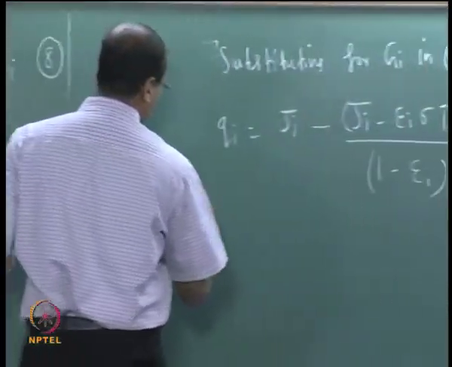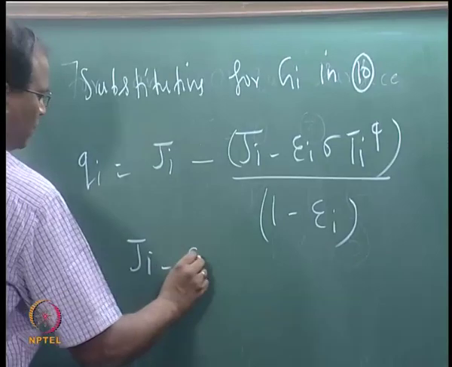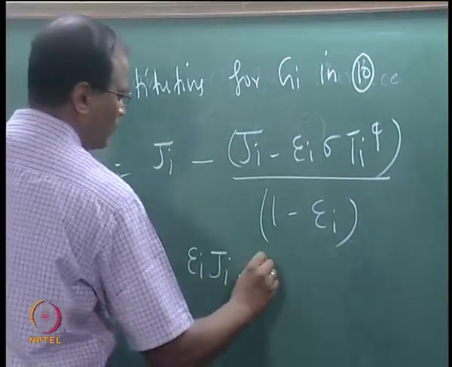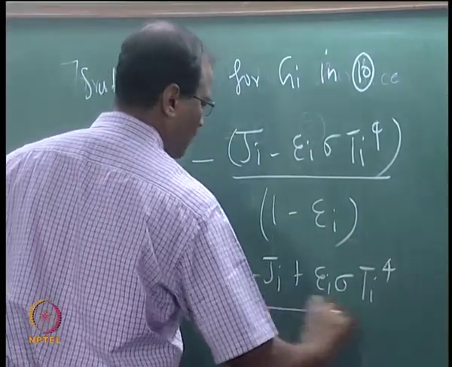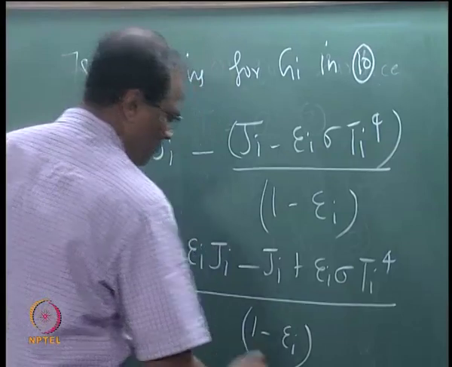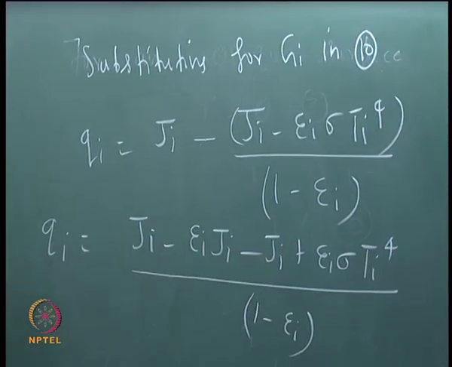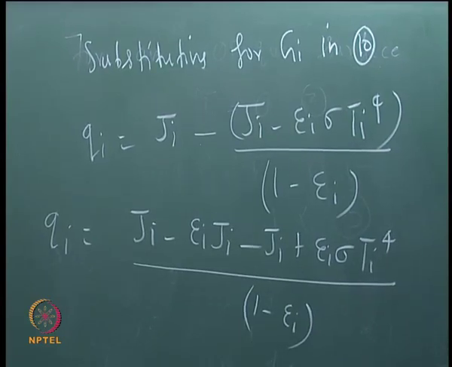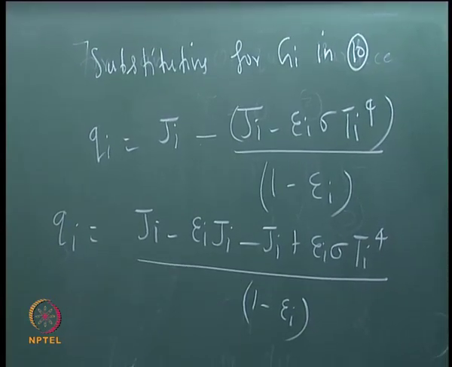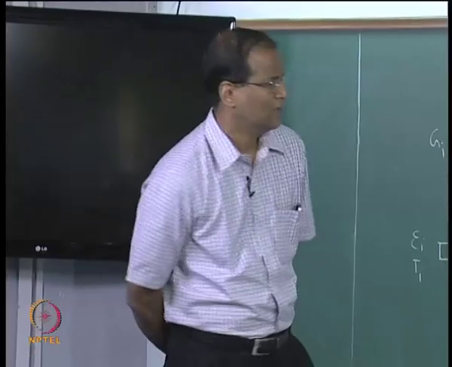Simplify, cross multiply and simplify further. Is it clear? I am not doing any great stuff, I am just doing some algebraic manipulations, that is all. Now I can cancel Ji.